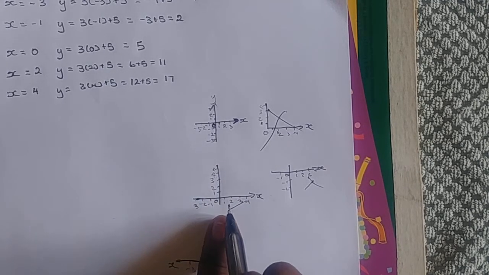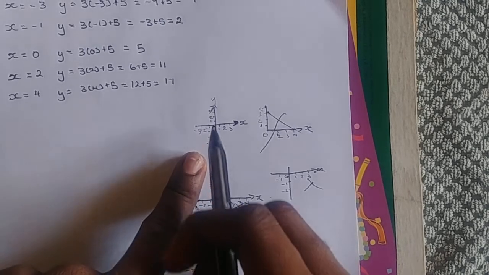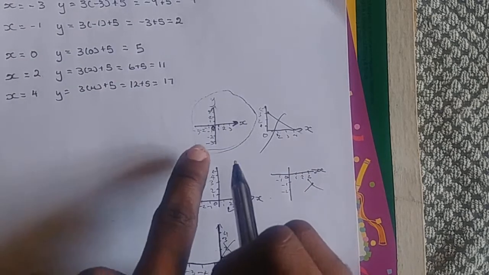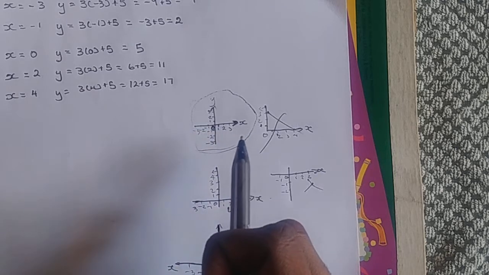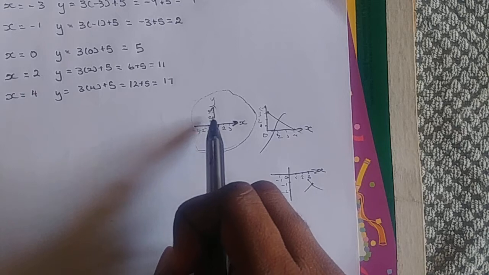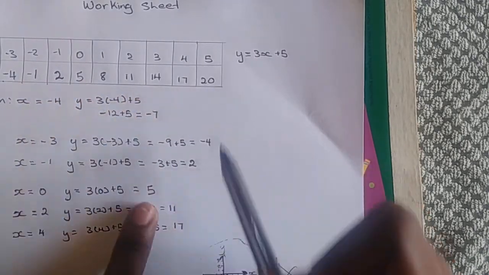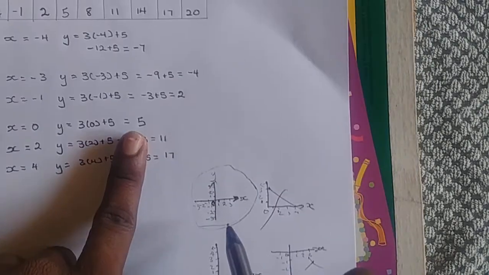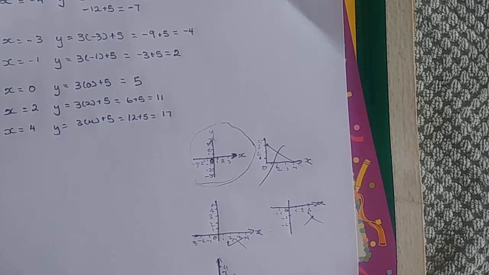Y has negative values as well, so we cannot use this one. So this one is more ideal. A graph like this is more ideal. Why? Because this one caters for the positive values of x and the negative values of x, and the same for y. It caters for the positive values of y here, and will also cater for the negative values of y, which is there.